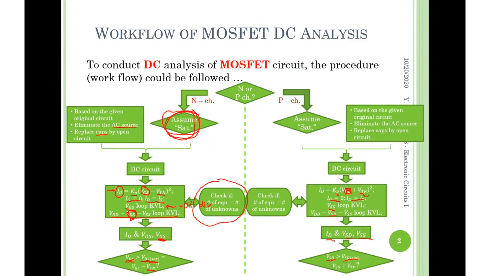How to calculate the VSD saturation voltage? VSG plus VTP. Once again, I'm specifying the saturation current equations, these two, and the saturation VDS voltage here and here in this workflow.